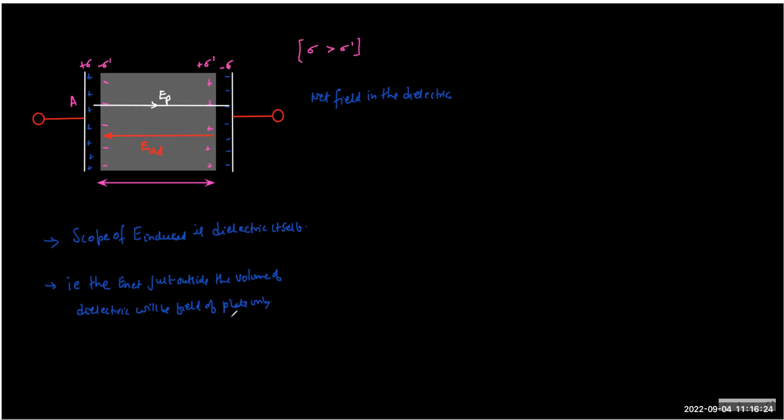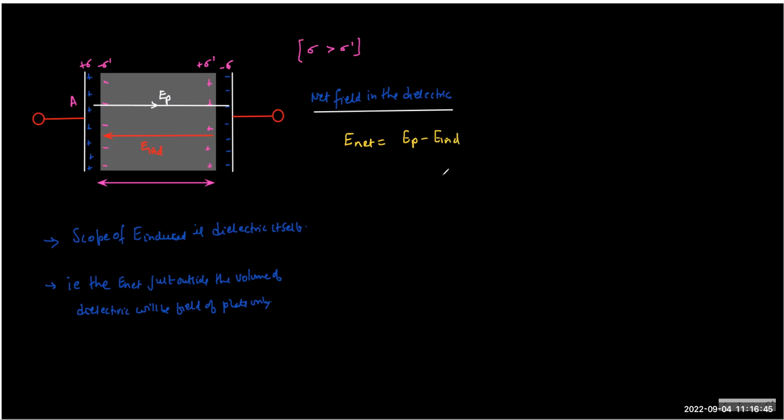I have mentioned this explicitly, though not required. Nevertheless, can we write the net equals E P minus E induced?